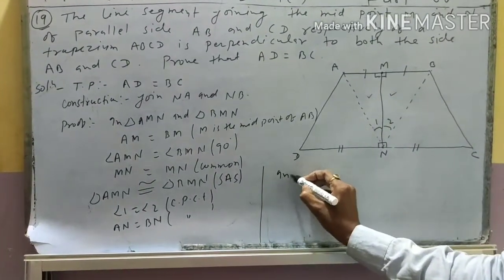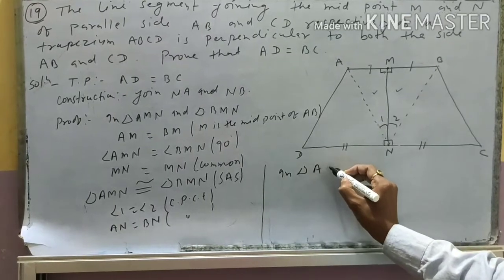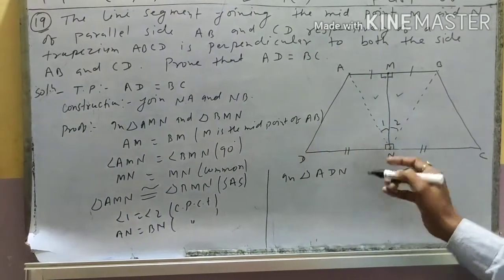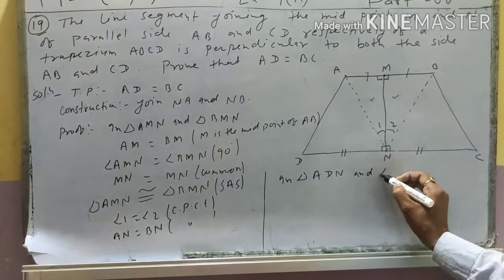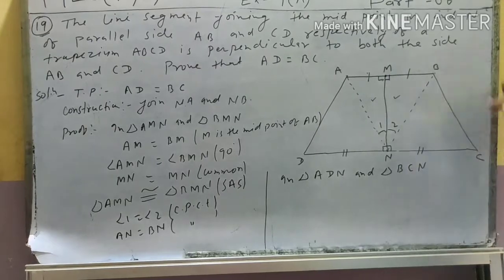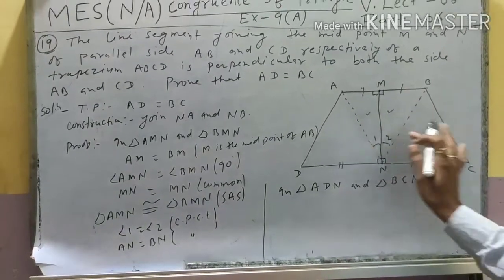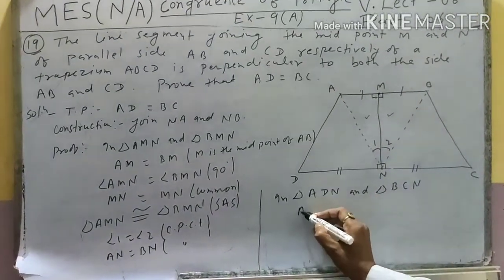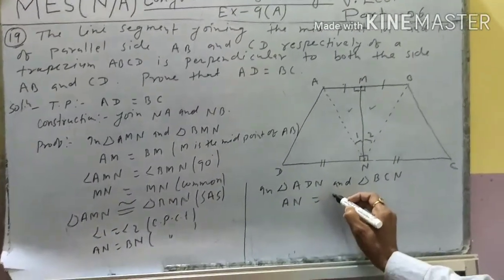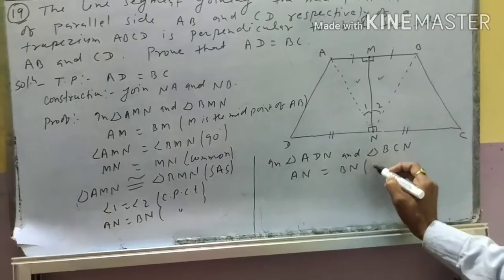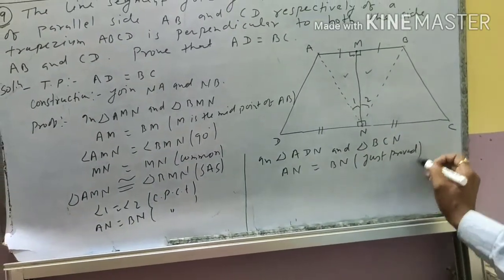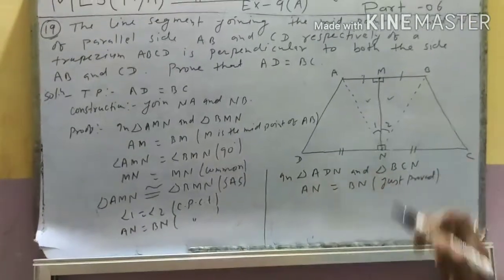Take another triangle. Look at triangle ADN and triangle BCN. In these two triangles, first, AN is equal to BN, just proved.